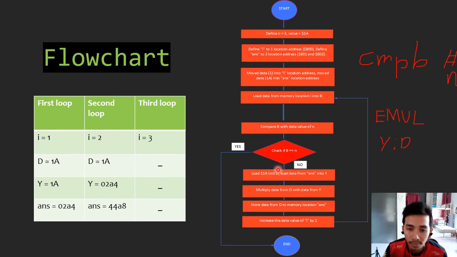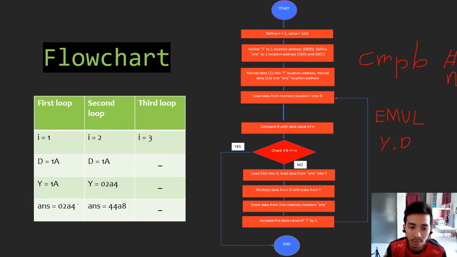It will calculate again just like before: 1A into D. D is still 1A, and Y will be the answer from the previous loop, so in this case it will be 02A4.